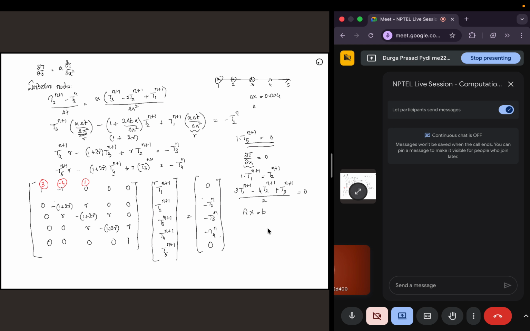Previously, for the explicit method, I had a limitation that delta t has to be less than or equal to 8 seconds. We do not have any such criterion for this problem, but that doesn't mean I can use whatever delta t I want. If I keep a delta t of, say, 8 or 10 or 20, depending on the problem, the solution might not be accurate for that delta t. So you might still have to reduce your delta t, but the limitation is not imposed because of the spatial grid, it is because of the nature of the problem itself.